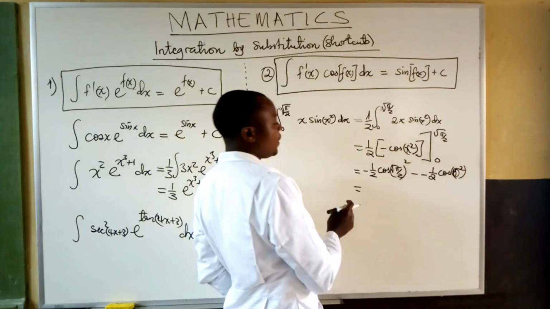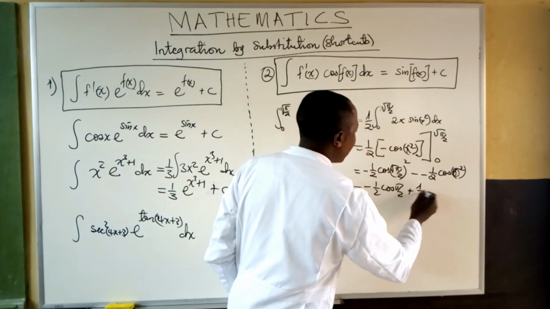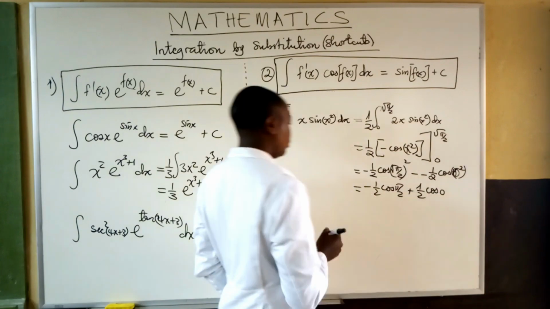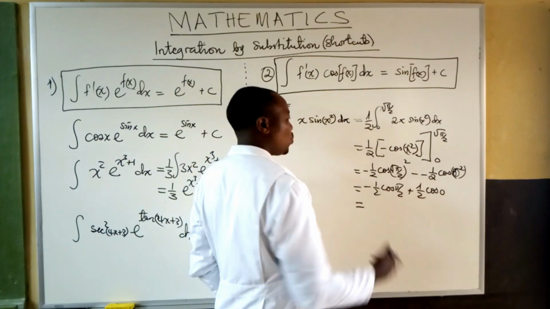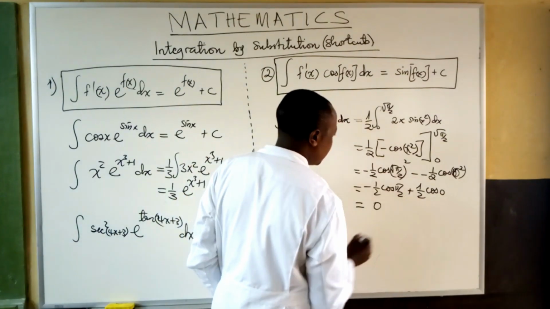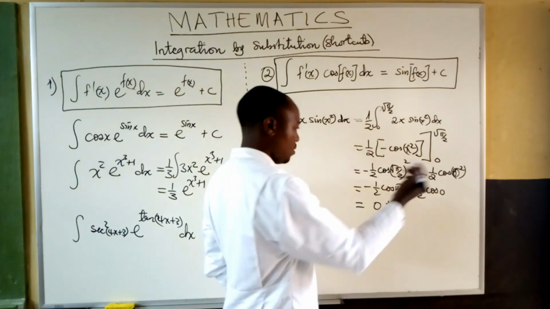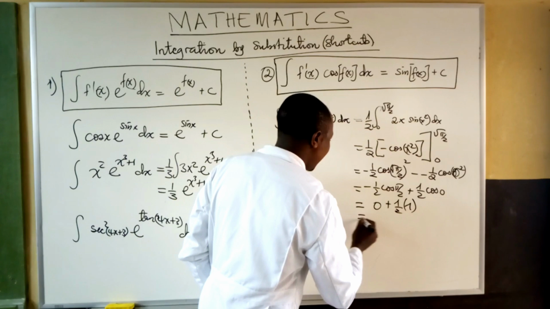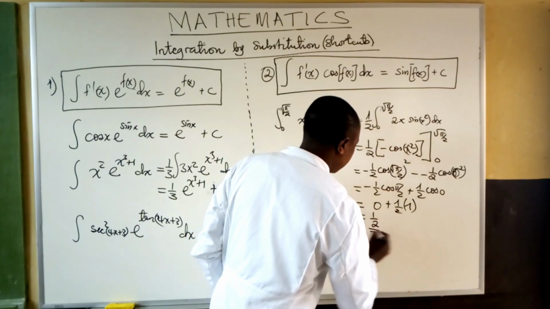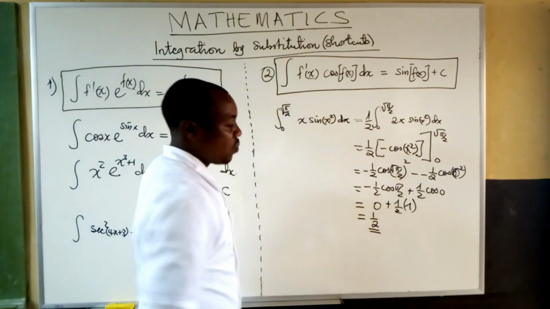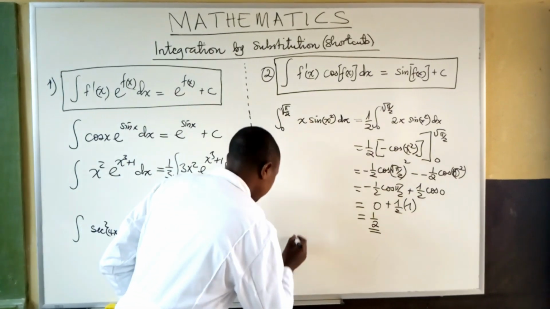That gives me negative half cos pi on 2 plus half cos 0. Here, cos pi on 2 is cos 90, which is 0. So this gives me 0 plus half. And then cos 0 is 1. And so my answer is half. So that is the way this other one operates. Okay, maybe you can try this one.